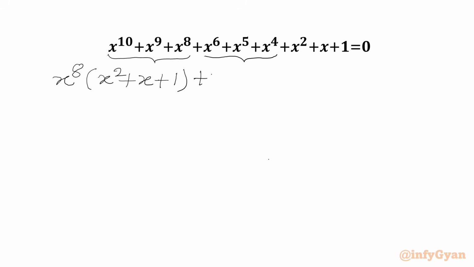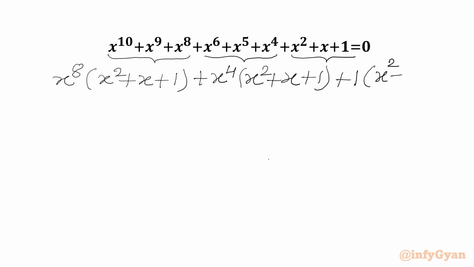Then we'll take x power 4 common out, so in the bracket x square plus x plus 1. Then from the remaining three terms we can take 1 common, so in the bracket we'll get all three terms, x square plus x plus 1, equal to 0.